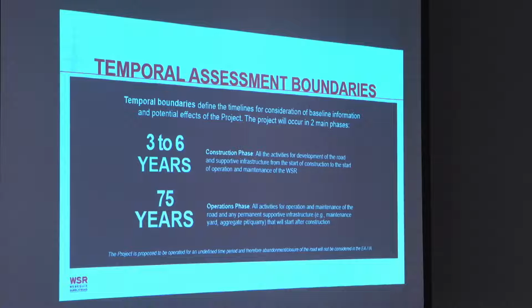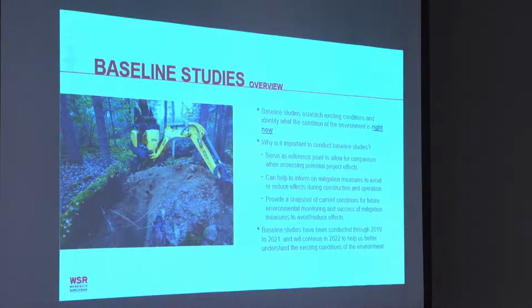Typically, for a road like this, I think it's an MTO standard, they say 75 years. Now this road will probably, if it is built, stay around forever, but they have to choose a number, a reasonable lifespan. So in this case, it's 75 years for the operations phase. So that's what the temporal assessment boundaries talk about.